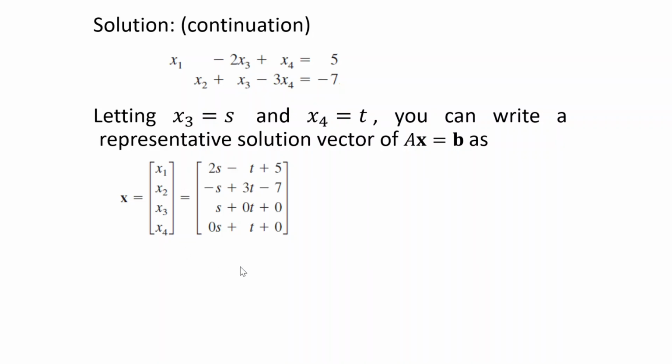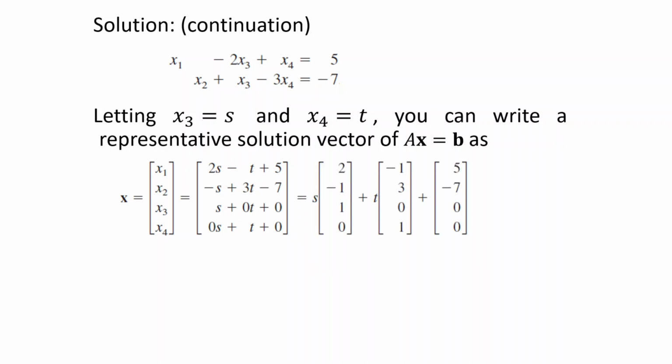Now, this vector can be expressed as, we have that, separating those with s, with t, and with the constant. So, factoring out also s and t, we have this, so that we can express the solution as s times, we let this be u sub 1, plus t times, we let this be u sub 2, plus x sub p.